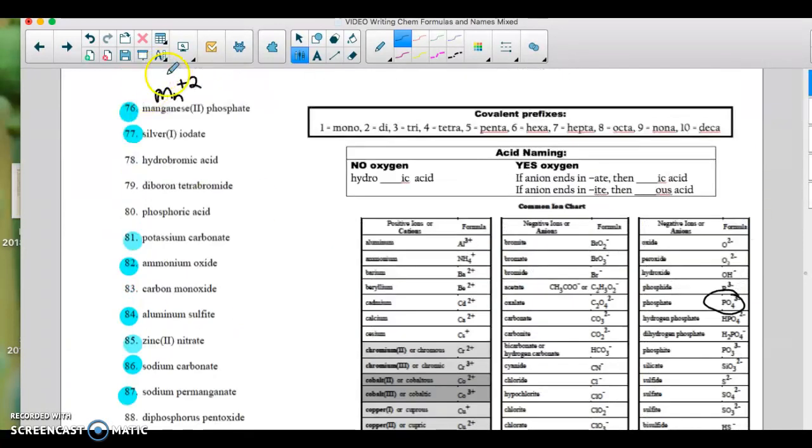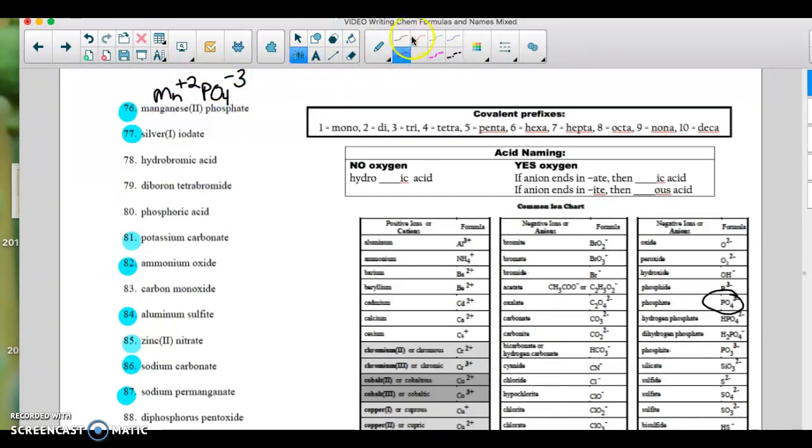I have a hard time finding them. So PO4 is -3. So we're going to crisscross, trying to get our charges to add up to 0, and this trick works. So I'm going to bring down the 2 and bring down the 3. So then my formula, and I don't have to show that work up there, is Mn3(PO4)2.